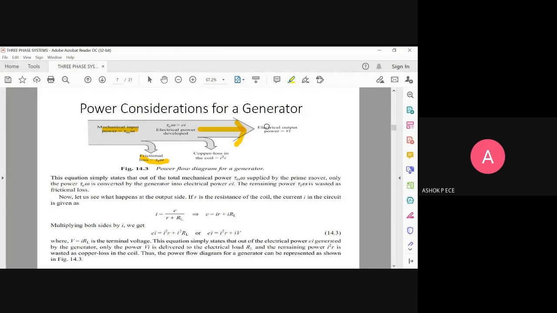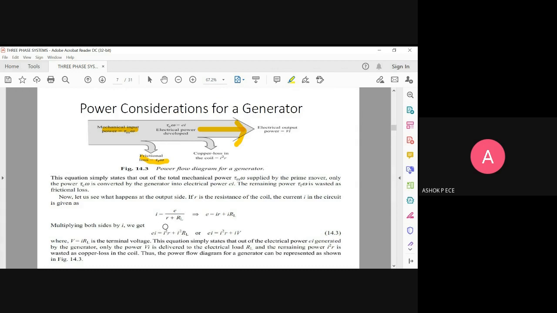Now if you write the equation, I is equal to E by (R plus RL). R is the resistance of the coil and RL is the load component. And I squared R is going to be your copper loss in the coil. So if you rewrite this equation, E is equal to IR plus IRL, multiply both sides by I. EI is equal to I square R plus I square RL.